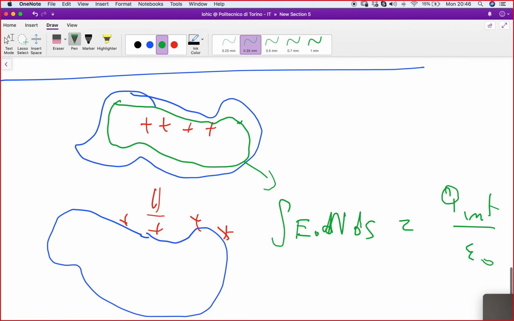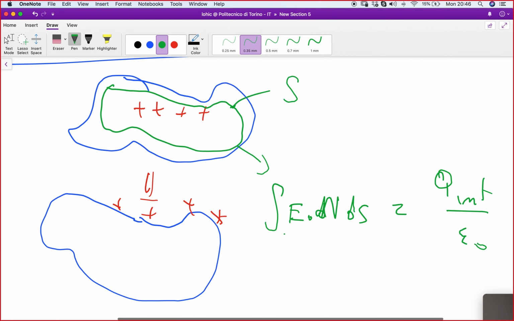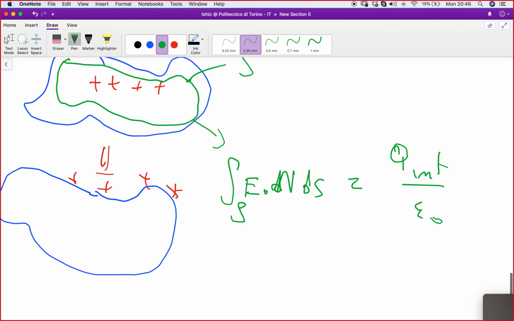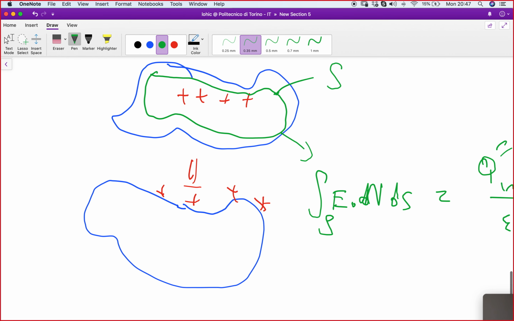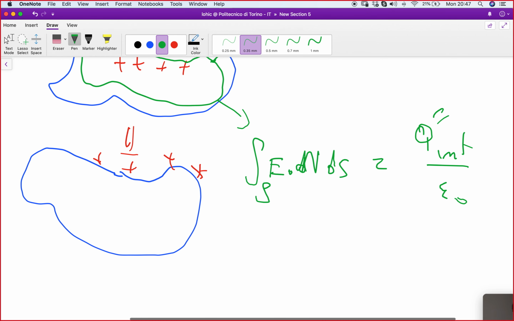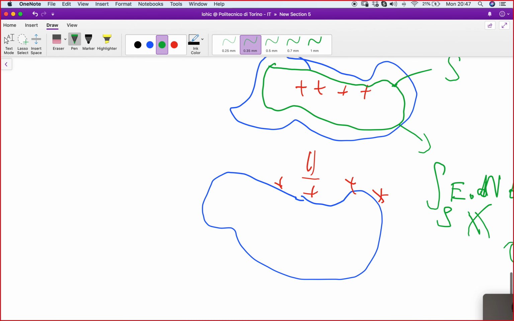This is my surface S. So the flux through the surface S of the field is equal to the internal charge divided by epsilon 0. Now, the internal charge of the green surface is not 0, yes or not? This means that the flux is not 0, and if this flux is not 0, it means that the electric field on this surface is not 0.